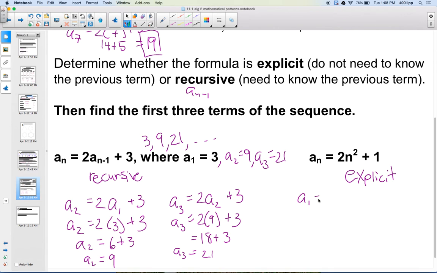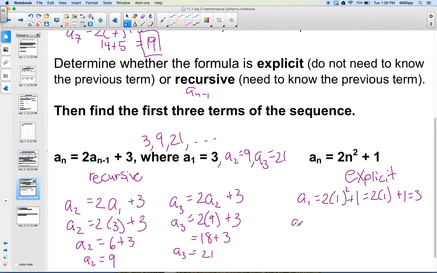We do 2 times 1 squared plus 1. 1 squared is 1, 2 times 1 is 2, plus 1 is 3. So the first term is 3.